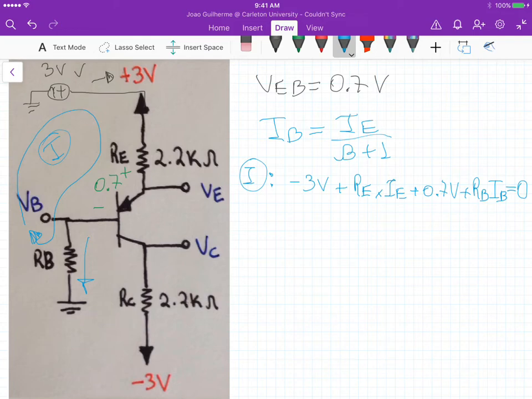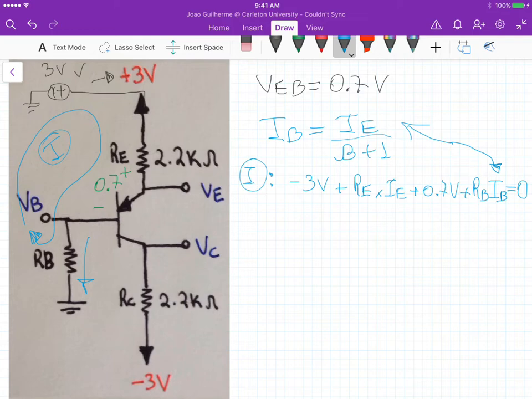Now, because we are assuming active mode operation, we can plug in IB here, and then we'll have a single equation that gives us the value of the emitter current.